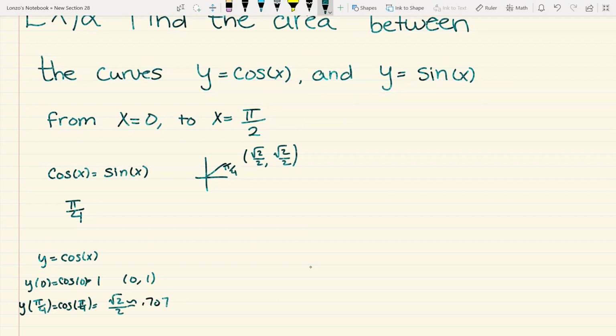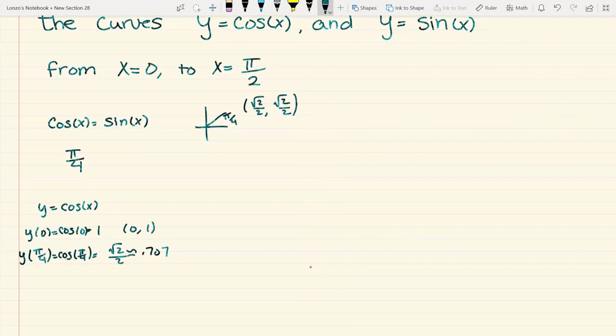And then the next one is pi halves. Cosine of pi halves is 0. So you have 0, comma 1, pi over 4, comma 0.707, and then pi halves, comma 0.